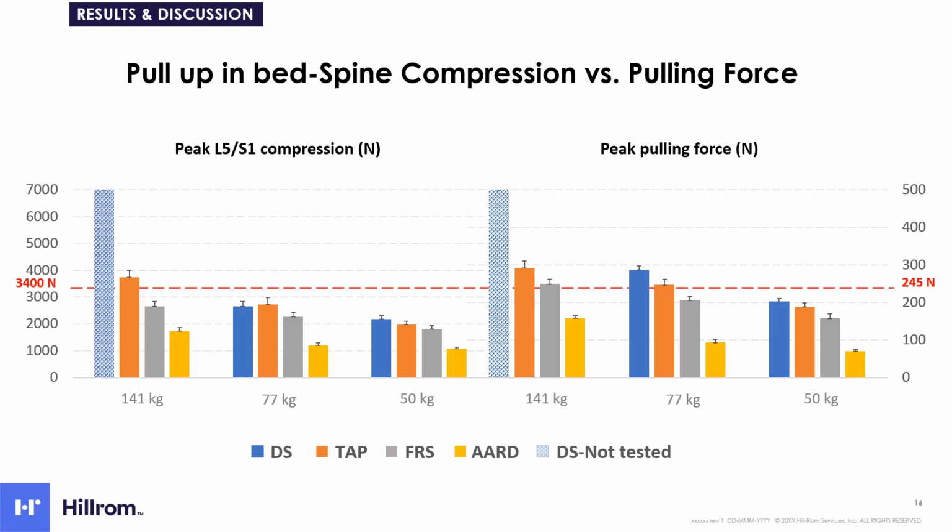When aligning the injury thresholds of spine compression and pulling force, and looking at these two figures side by side, we can see that pulling force is consistently higher relative to the injury threshold than spine compression. For example, for the 77 kg patient, the averages of the peak L5S1 compression were all below 3,400 newtons.